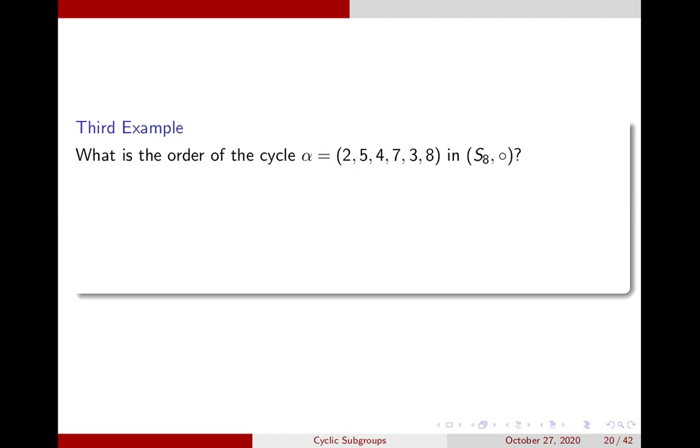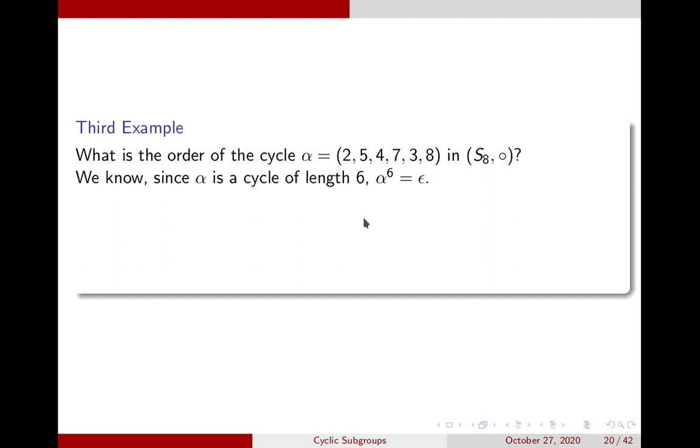Let's try calculating the order of a cycle in a permutation group. Here's a cycle of length 6. We're in the group S sub 8. Well, we know that a cycle of length 6 raised to the 6th power is the identity.